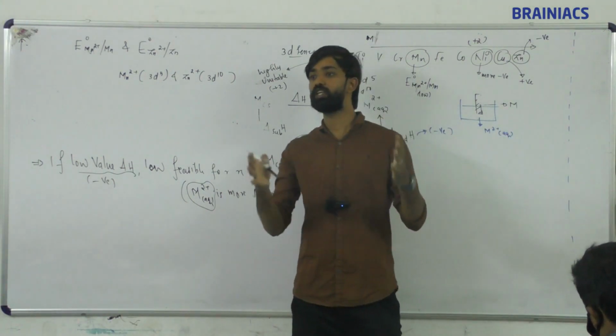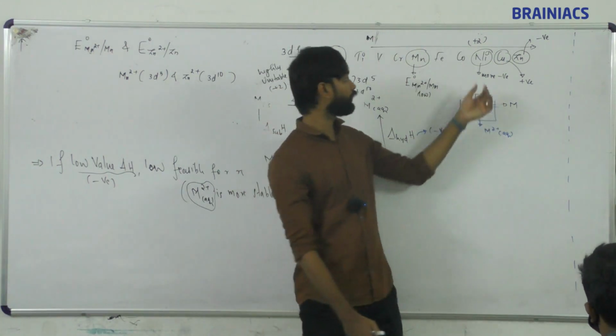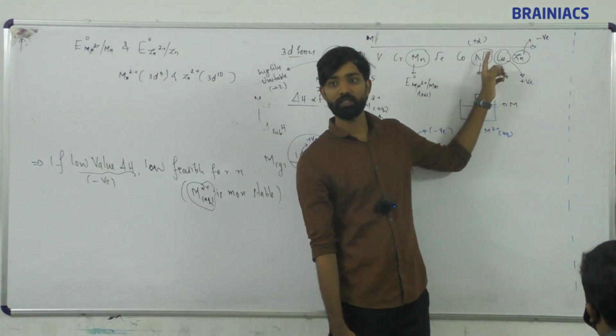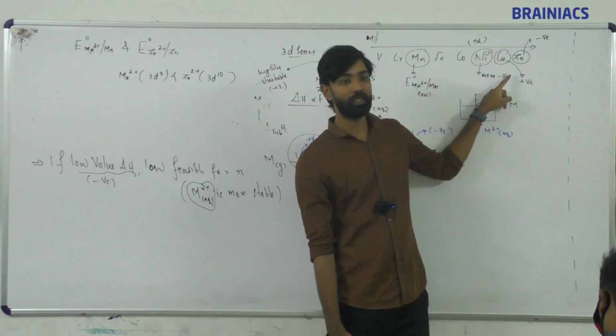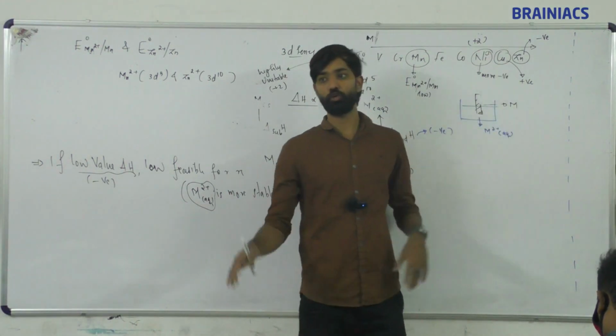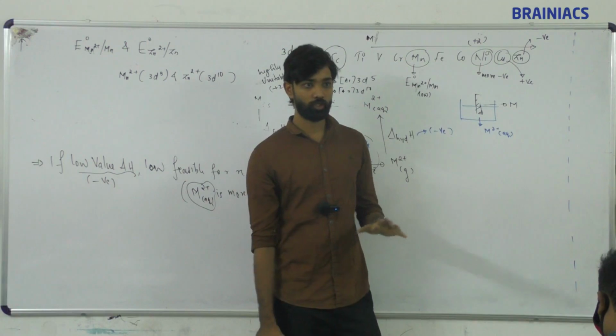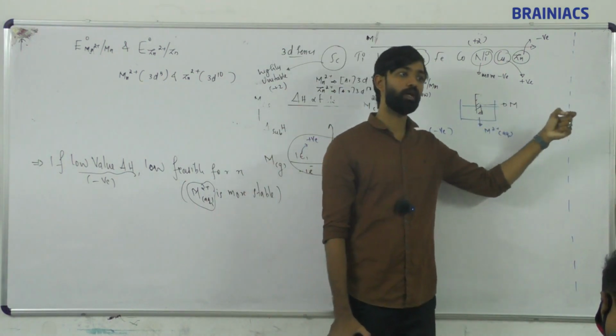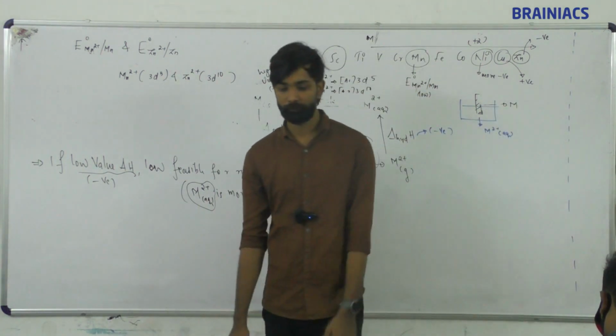The net change will be negative. That's why the electrode potential of nickel is negative. It is not based on stability; it is based on hydration energy.